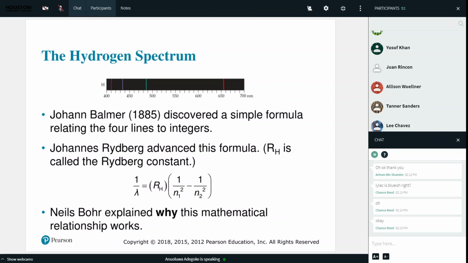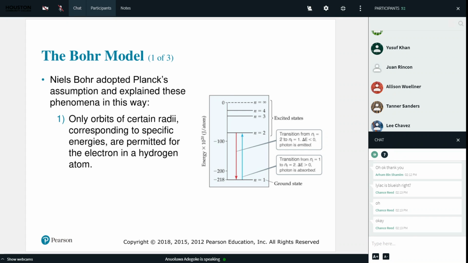The number down here is the wavelength, 400 to 700 nanometers. These scientists gave us a formula to explain the difference in energy levels in the hydrogen atom. We're still going to do calculations, but before that, we are looking at different theories that have been accepted in the scientific community.